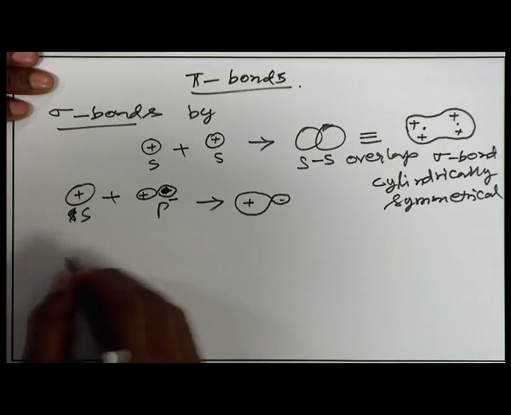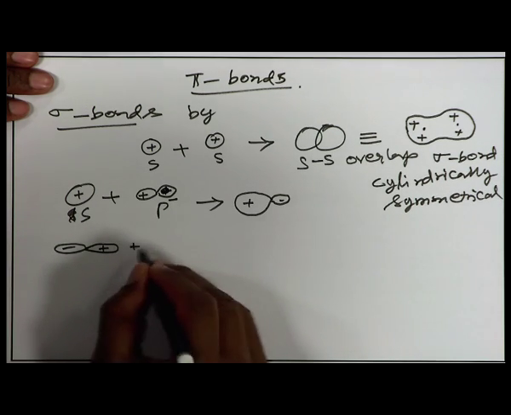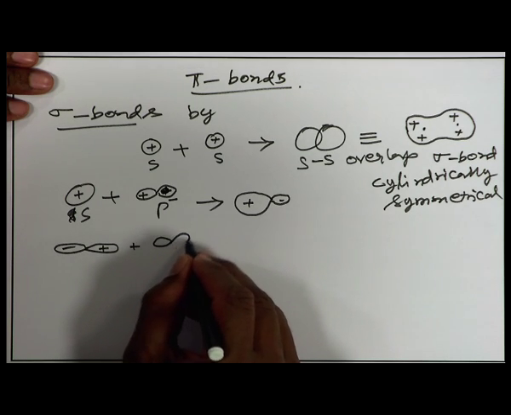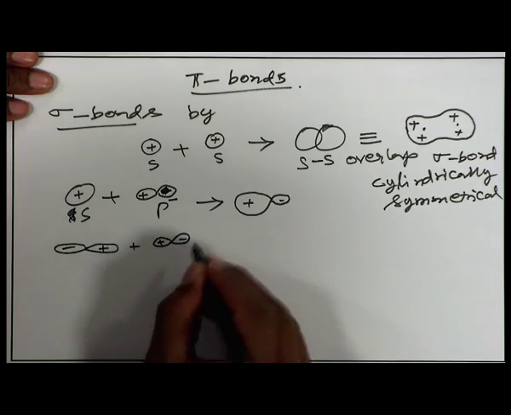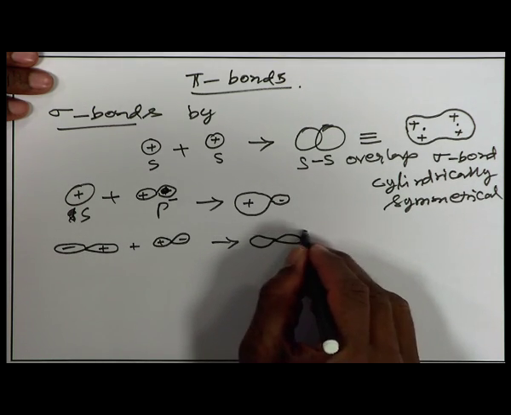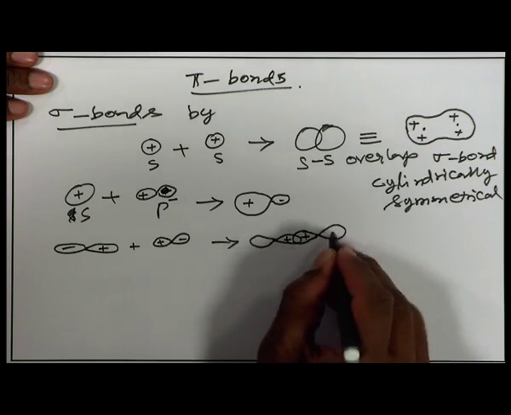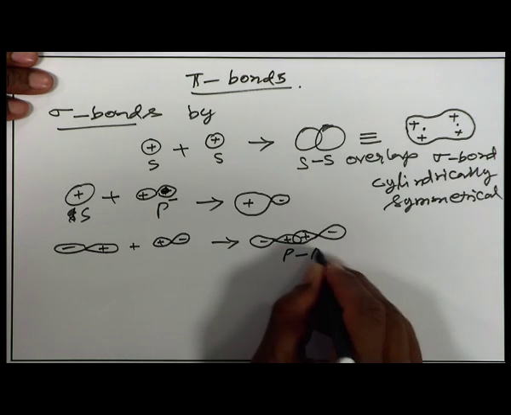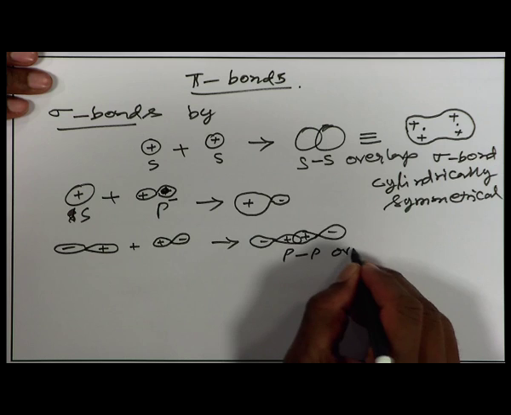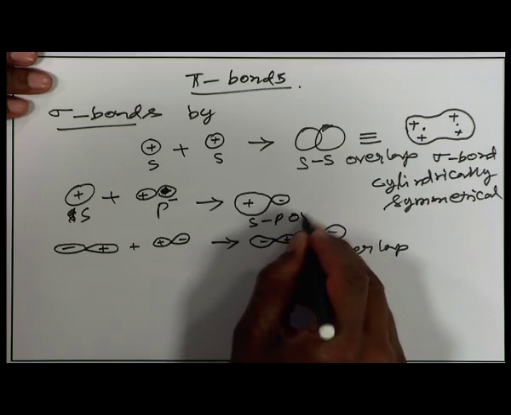Similarly, overlap of p orbitals can also give a sigma bond of this type. This is p-p overlap, and this is s-p overlap.